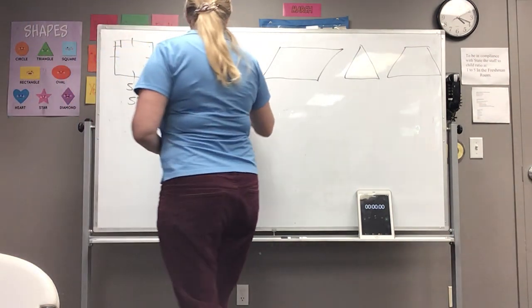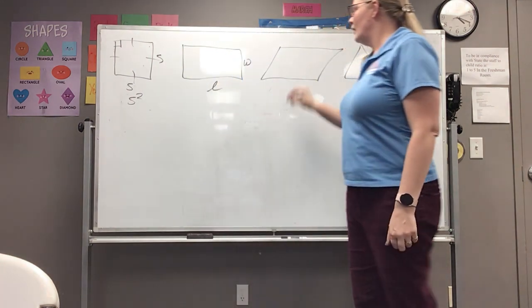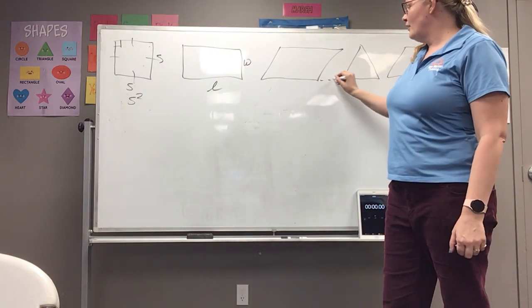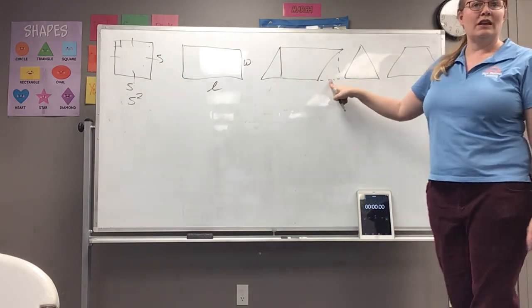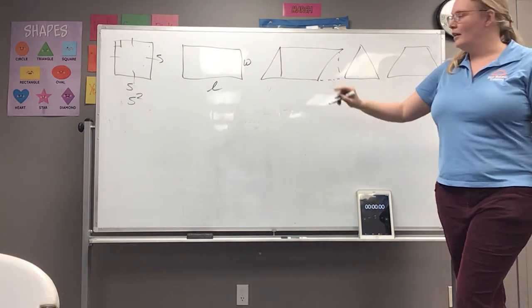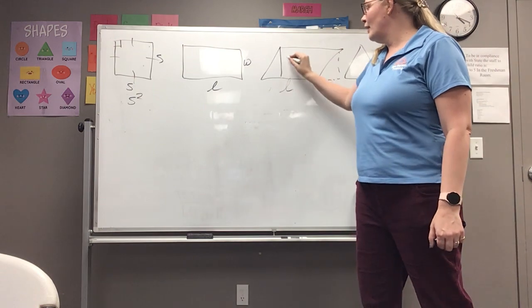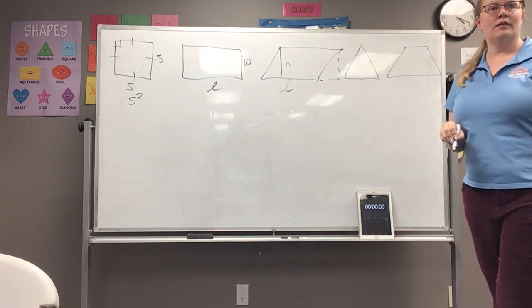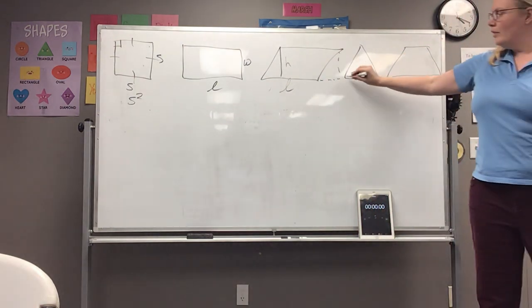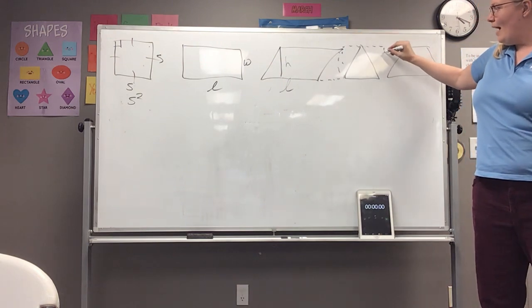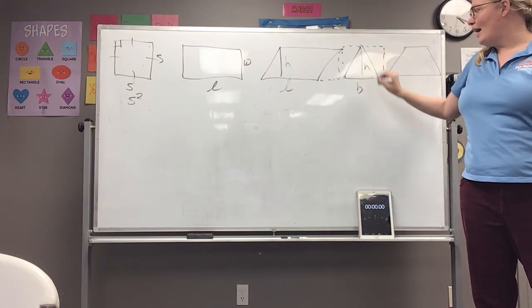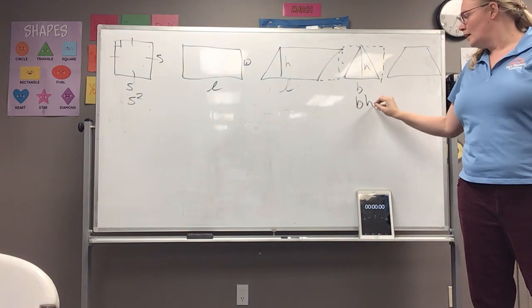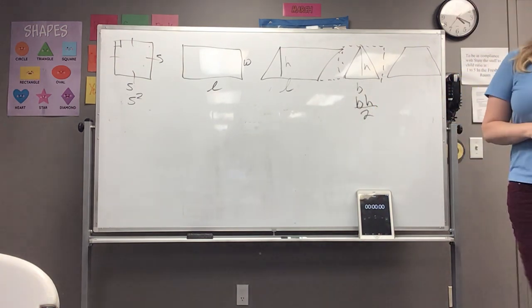This one will be length times width. This one is a variation of that because you can chop off this triangle and put it over here. It's still the same amount of area. And so this is the side of the length times the height. The triangle is literally half of the rectangle. So it's the base times the height and divided in half or divided by 2.